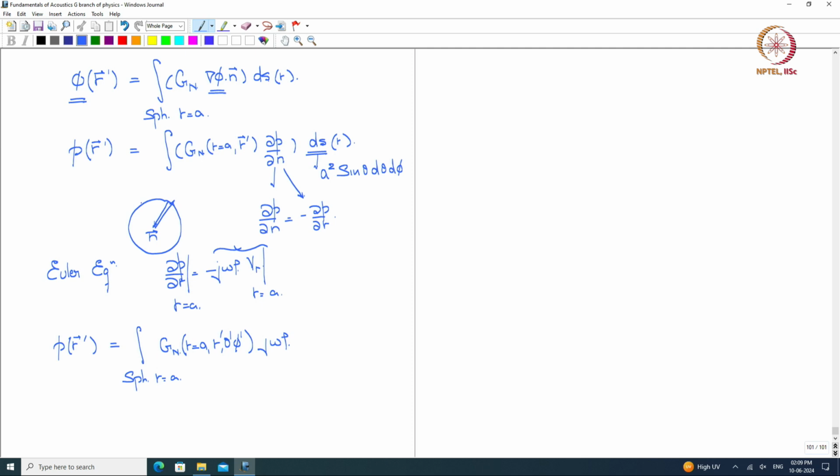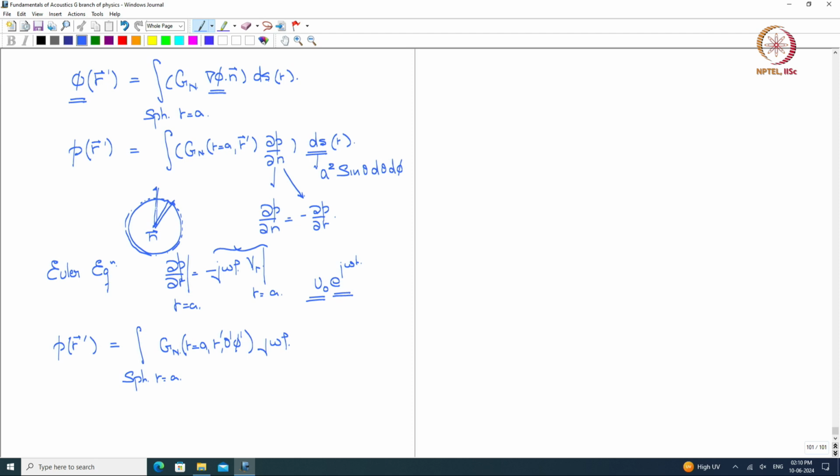So, we said this is a uniformly pulsating sphere. So, the surface element uniformly expands out and goes back in. So, that velocity we will call it as u0 e to the power j omega t. This is velocity and this is the harmonic. Okay.